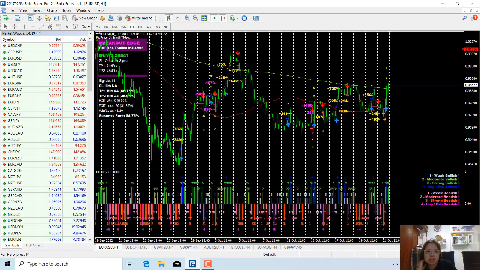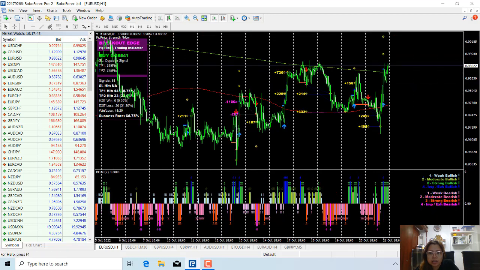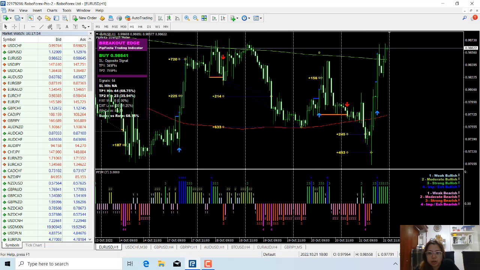But as I mentioned last time, you can use your SNR lines. So here you can see the line in the H1 time frame. Therefore, you will wait for an opportunity to buy at this level, which is near 0.98, a round number. So we will be waiting for the price to test this level.